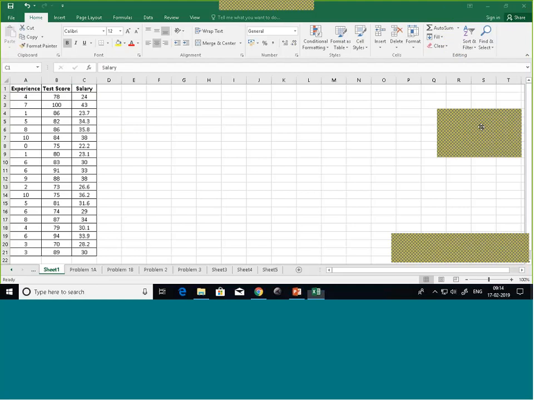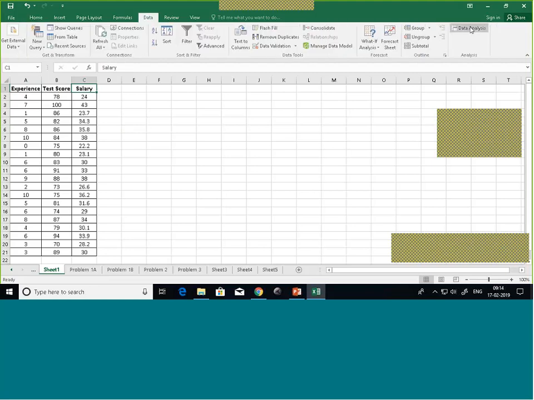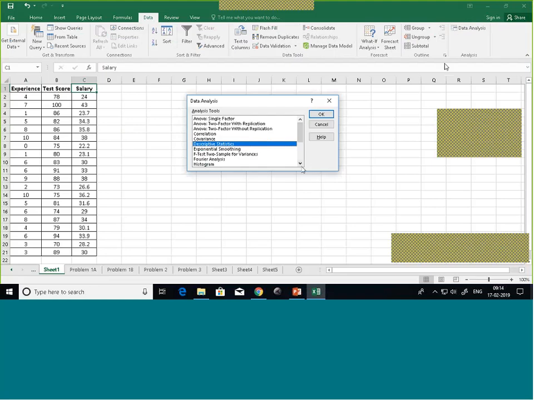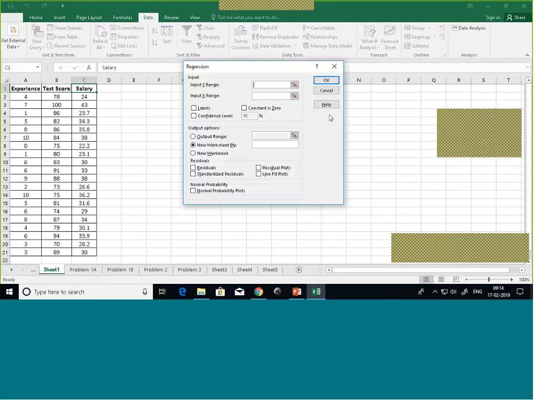Now I'm going to run the program. I'm selecting Data, then Data Analysis, then in Data Analysis I'm going to Regression, and clicking OK.